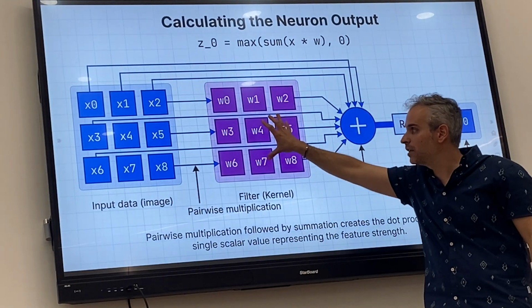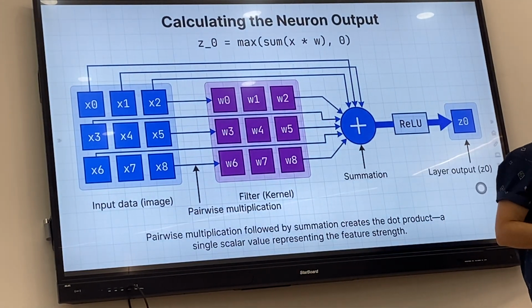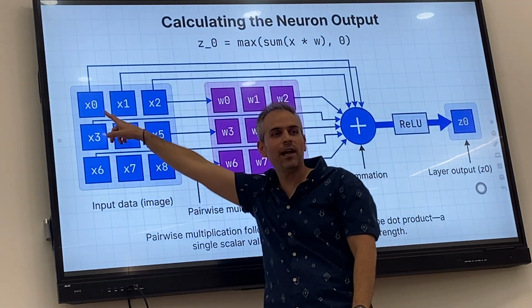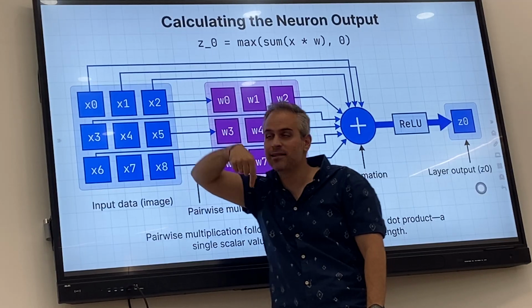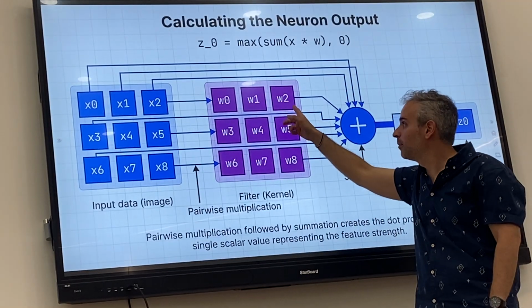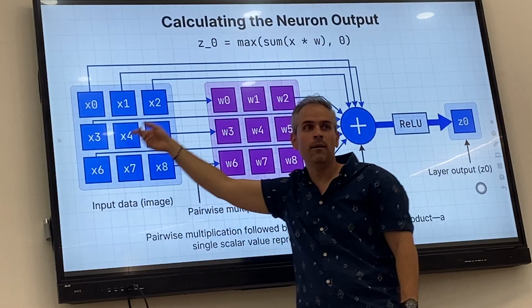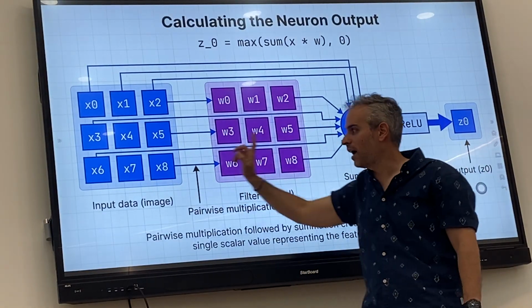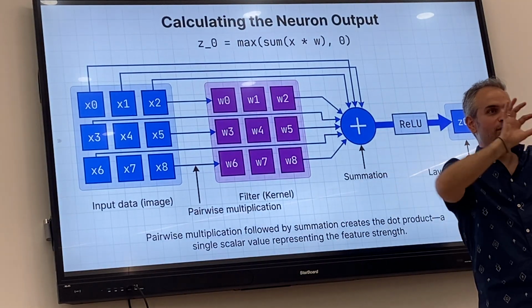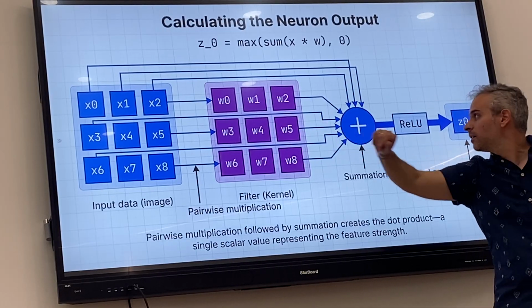We place it on top of the upper left corner of the image and do this very simple thing. Take W0 multiplied by X0 plus W1 times X1 plus W2 times X2 plus W3 times X3 plus dot dot dot W8 times X8. You have a very long equation now, which is adding these products.